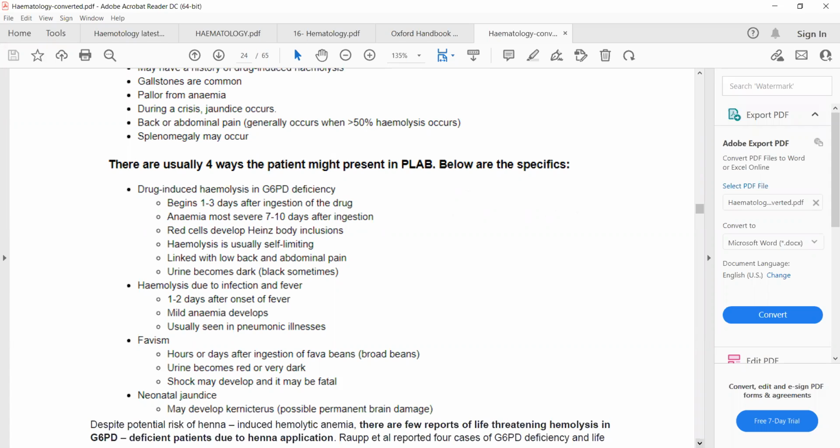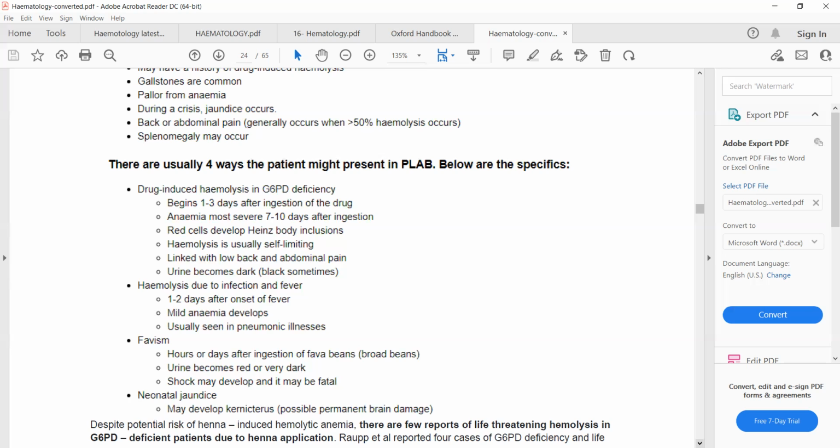So anti-malarial drugs such as primaquine, infection, and fava beans, these three things can induce hemolysis in patients with G6PD deficiency. And the fourth way the patient might present in PLAB is someone with a history of neonatal jaundice who now again presents to you with hemolysis in adulthood; again you will suspect G6PD deficiency.